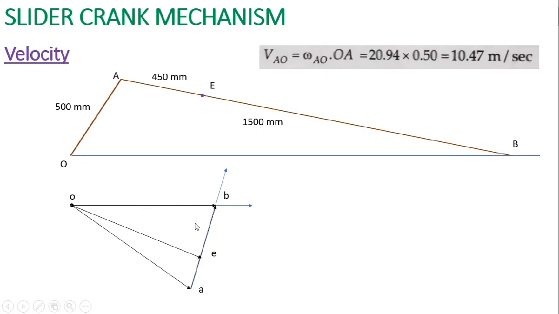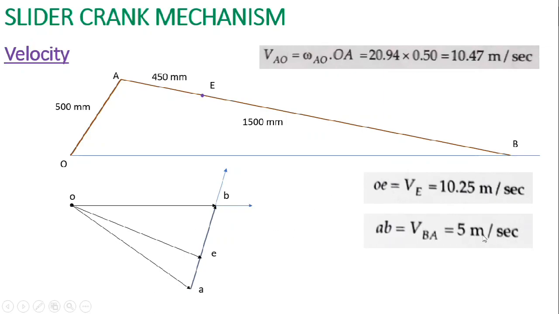Here we measure these lengths and ultimately determine the velocities. The first one is oe, that is o to e, which will be 10.25 centimeters. So that will be 10.25 meters, and that will be the velocity of the point E, that is 10.25 meters per second.